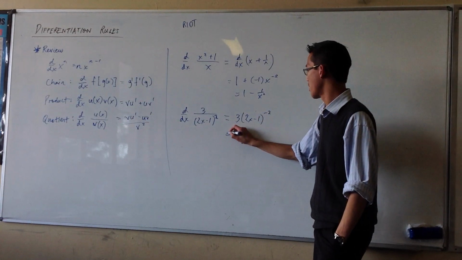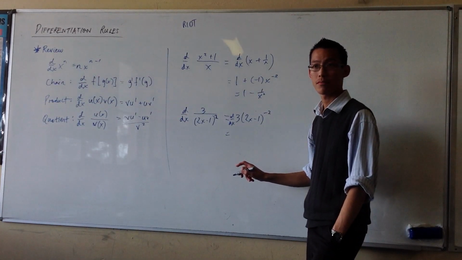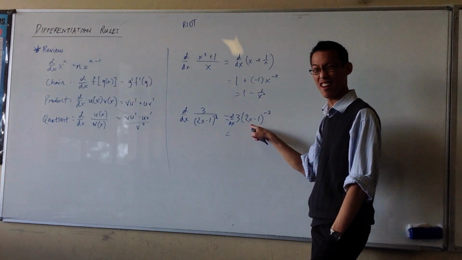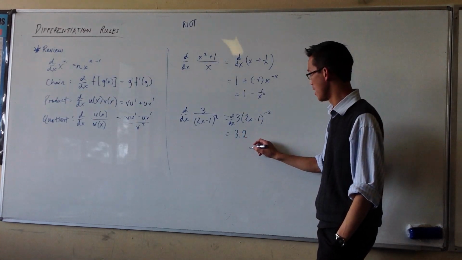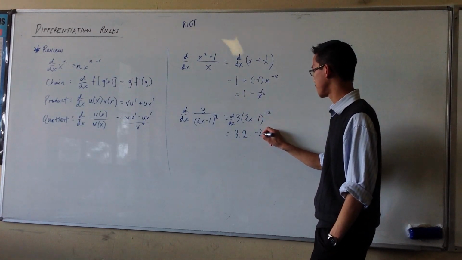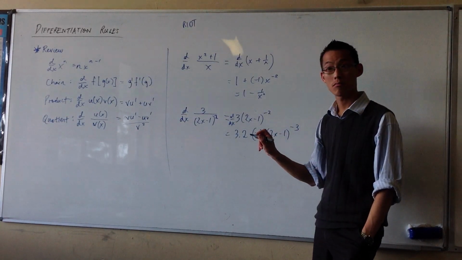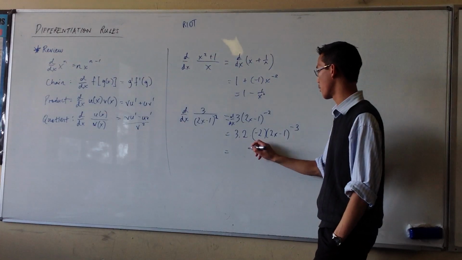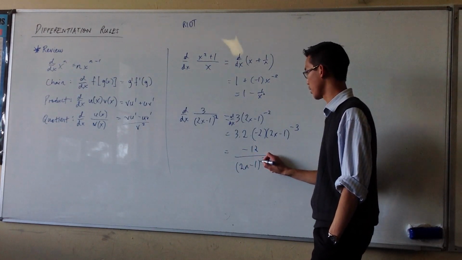So how would you do the derivative? What's chain rule? You go for the inside. So it'll be 3 times 2, there's the inside. And then you bring the power down, and then you reduce the power by 1. So what's that? 3 by 4 is minus 12 on 2x minus 1 cubed.